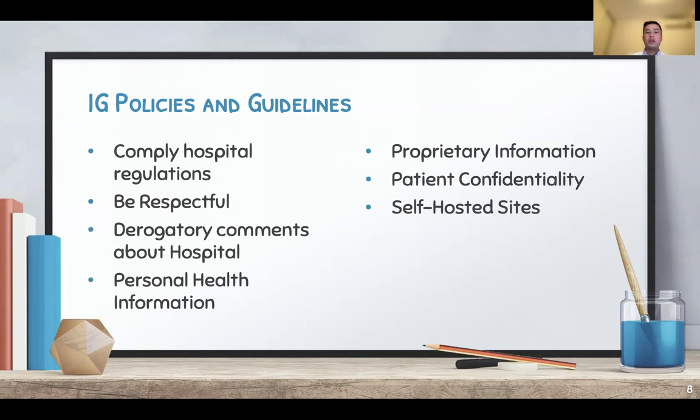Proprietary information is another policy and guideline. Employees must not disclose any confidential or proprietary information about the hospital that could lead to misunderstanding of what they are doing as a representative of the hospital.